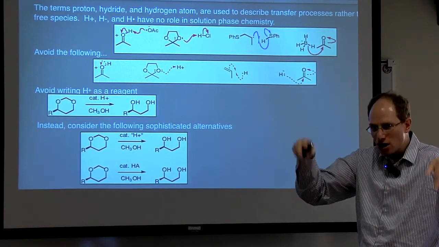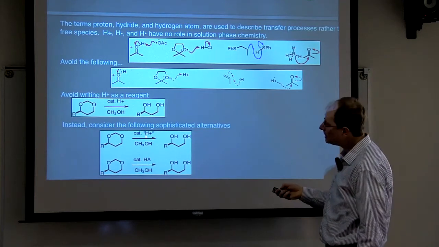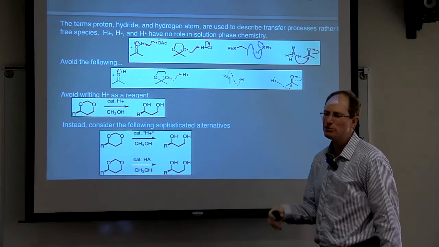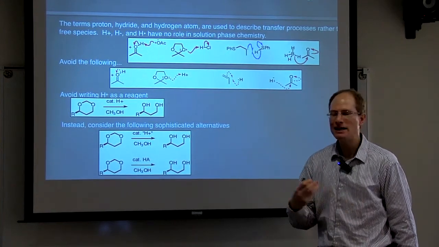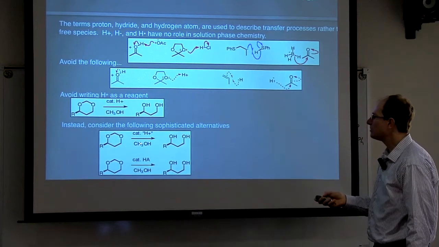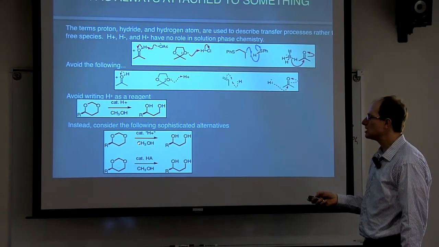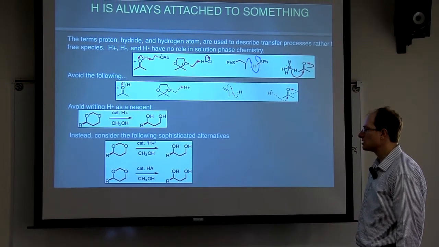Those quotation marks tell us that yes, we mean H plus, but what we really mean is H plus that's been picked up and delivered by some other species. In this case, that might mean attached to this methanol molecule that's going to be its delivery character.